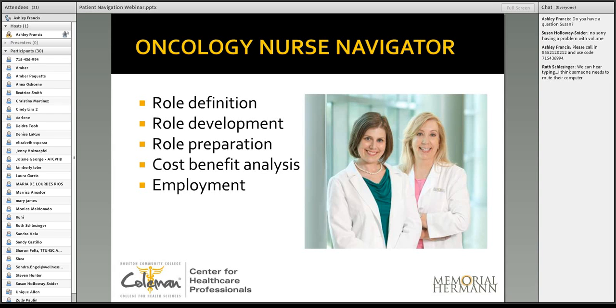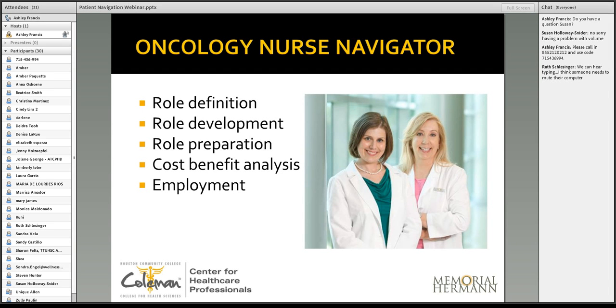You may find it online, National Coalition of Oncology Nurse Navigators. Their national meeting is coming up June 12th to the 14th in Atlanta, Georgia. Standard registration is $195. Early registration is $125.